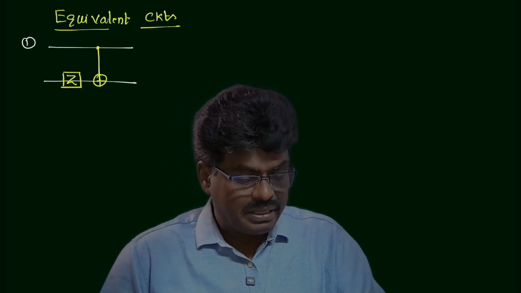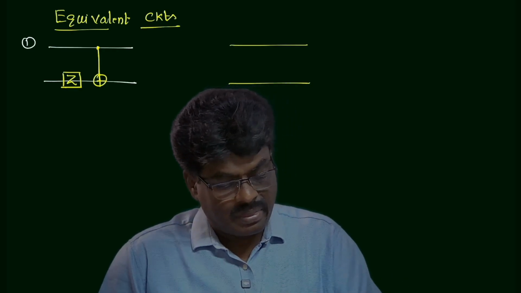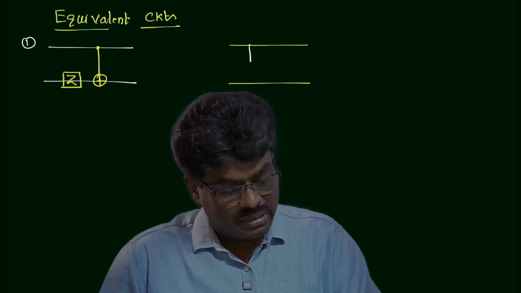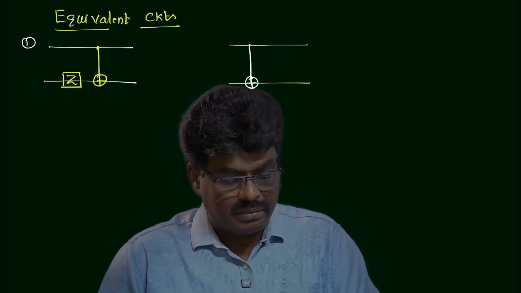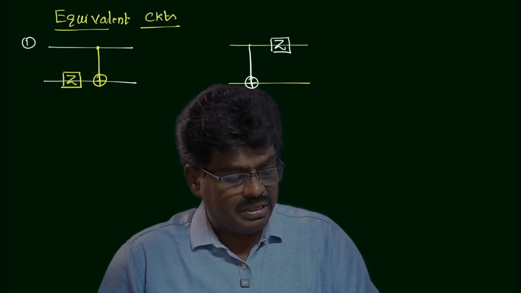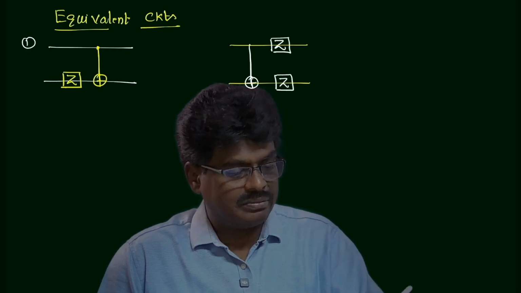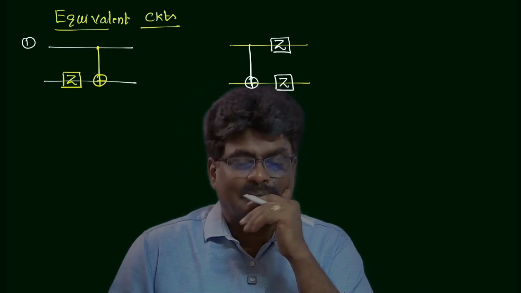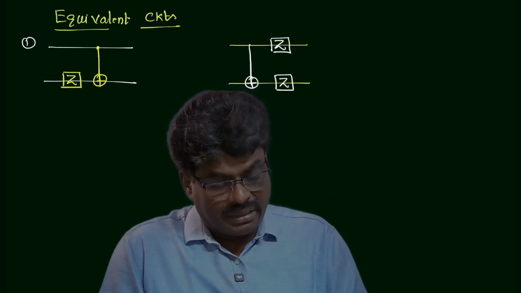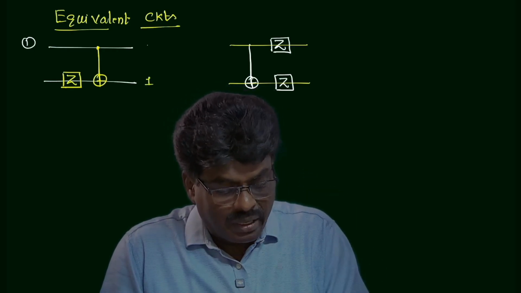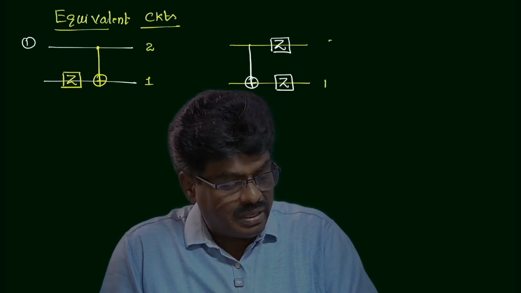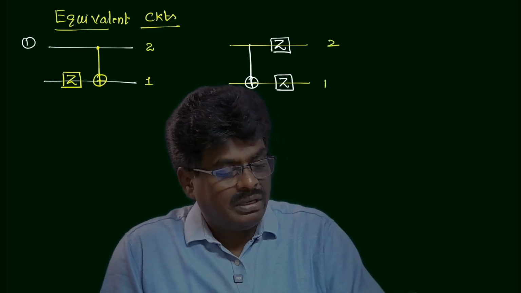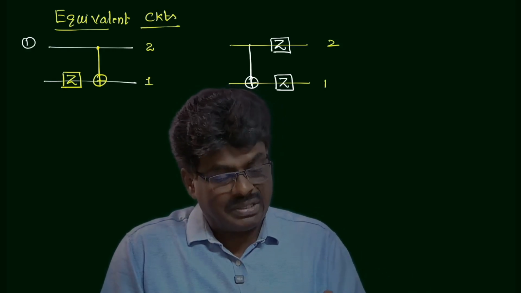I am taking another one, also two qubits with a CNOT gate, but this time with gates here and here also. Let us see whether these are equivalent or not. Proceed with our method. Decimal notation 1 and 2, here also 1 and 2, and you have to write the operations.